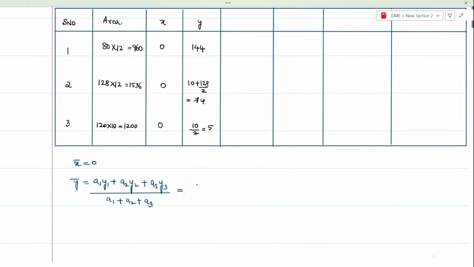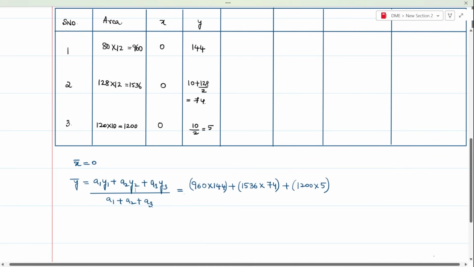So a1 was 960 and y1 is 144. Next a2 is 1536 and y2 is 74, plus a3 is 1200 and y3 is 5.